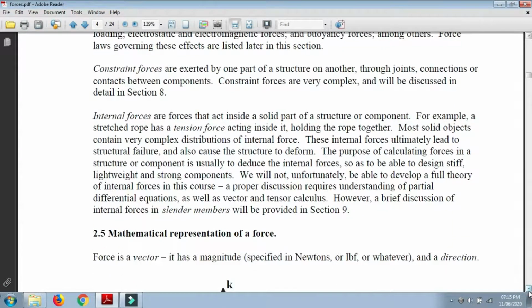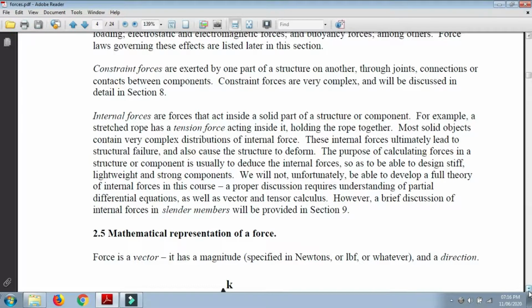Internal forces are forces that act inside a solid part of a structure. They will never act on the external part. Why? Because for the external part we have the forces named external forces. But internal forces are forces that act inside a solid part of a structure or component. For example, a stretched rope has a tension force acting inside it.